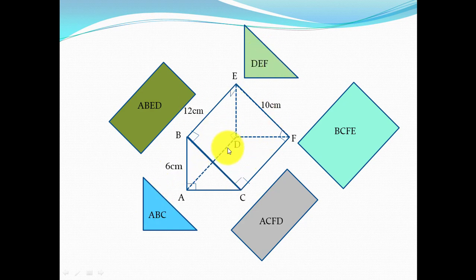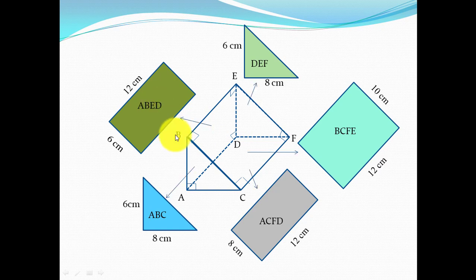So in the last part we have to find the total surface area. That means the surface area, the sum of the area of all these five sides of the prism. First we calculate the area of each side.